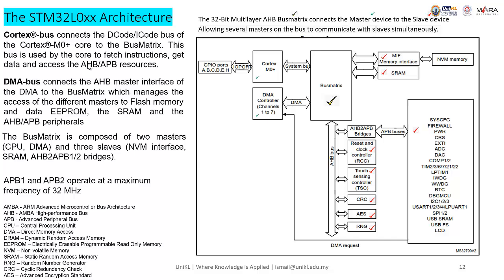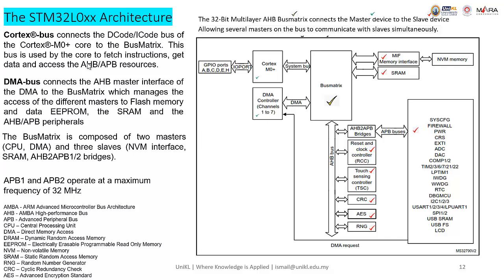Once the data read is completed, then the data can be accessed by the Cortex M0. From where? From the memory. Everything goes through the memory, that is why we call it direct memory access. So the data to be handled by the DMA will be retrieved by the DMA from the memory, and the data that the DMA wants to pass to the Cortex M0 will be pushed into the memory. So that is the use of direct memory access.